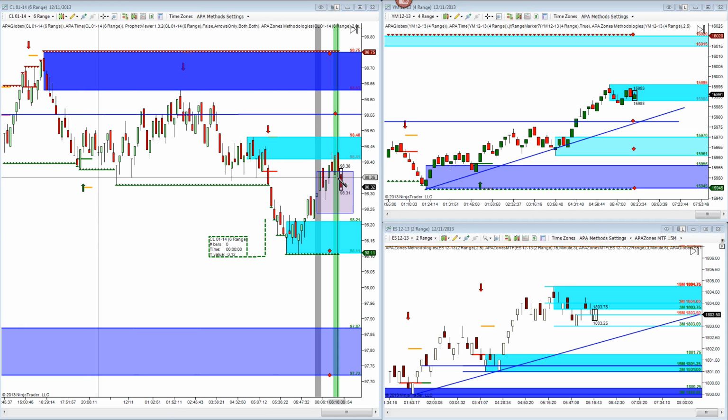So now I like to see the retest of the 20 level and see what happens there. And pretty much just this Globex low level.